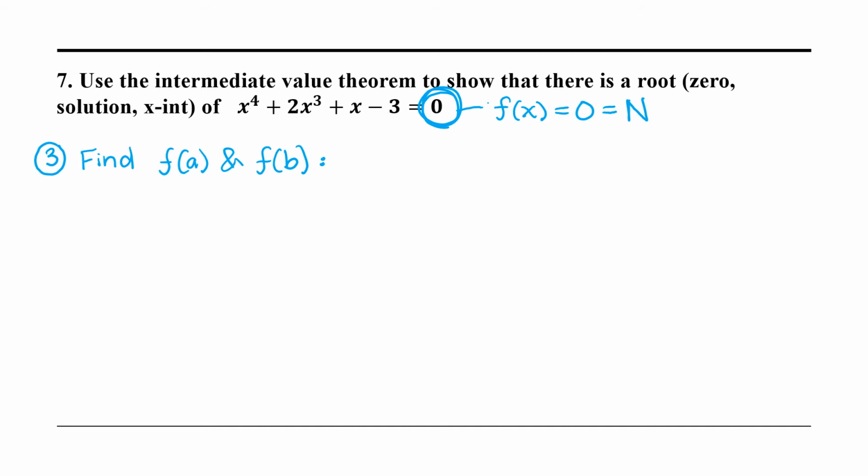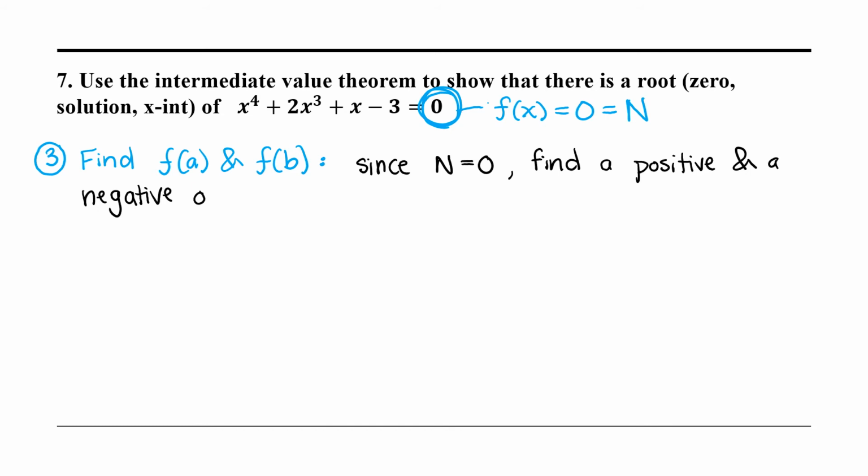So we need to find numbers, outputs, on either side of 0, which means since n is equal to 0, we need to find a positive and a negative output. And this is through just some guess and check, but some thoughtful guess and check.